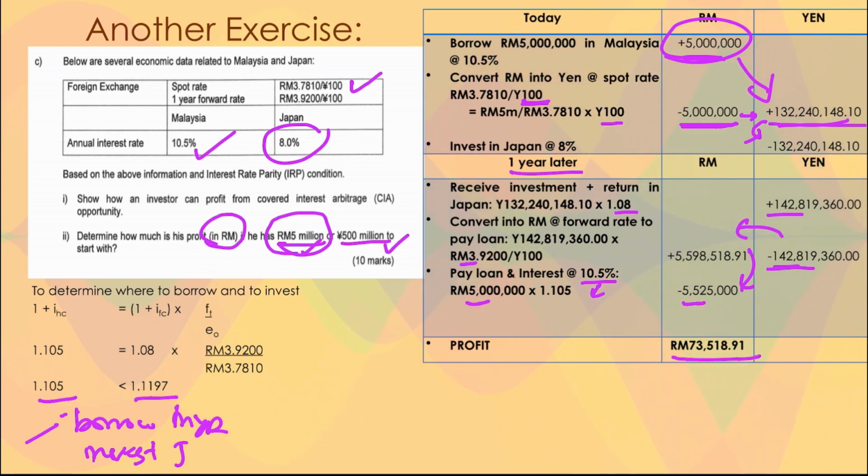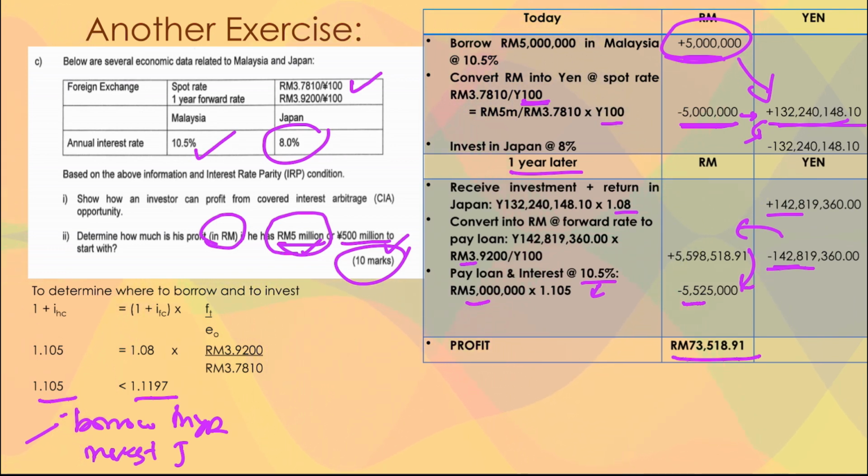You will get the profit of about 73,000. Okay, so that will answer your question. It gives you 10 marks for this question. I hope you understand. Please do it again to understand the process.